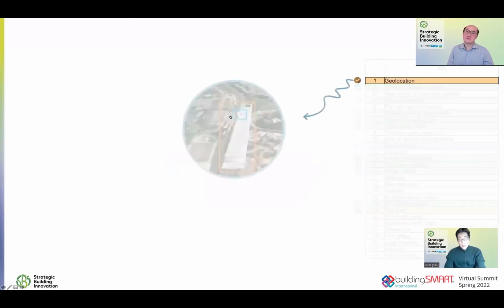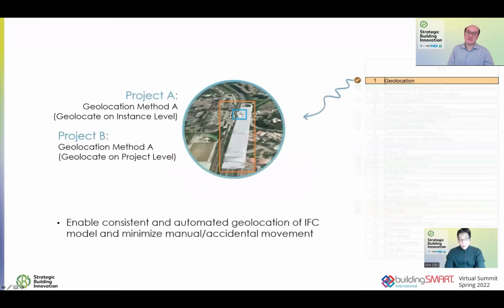Another example of a specification here. This is related to geolocation, and in IFC, we have multiple ways of georeferencing your model. Even within only IFC 2x3, you have multiple ways of georeferencing, and IFC 4 has its own way of georeferencing. But not all of those methods are ideal for our purpose.